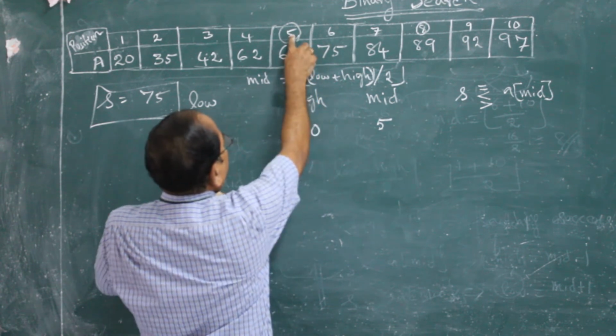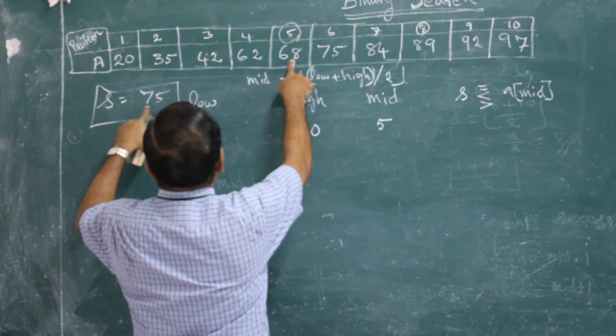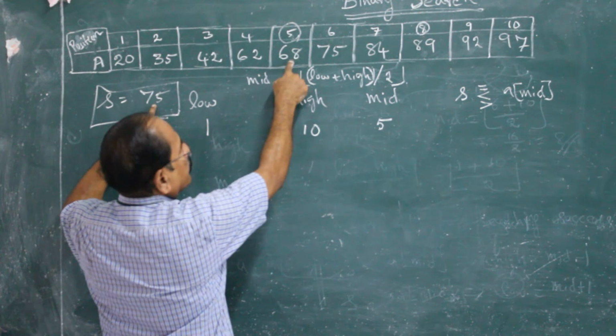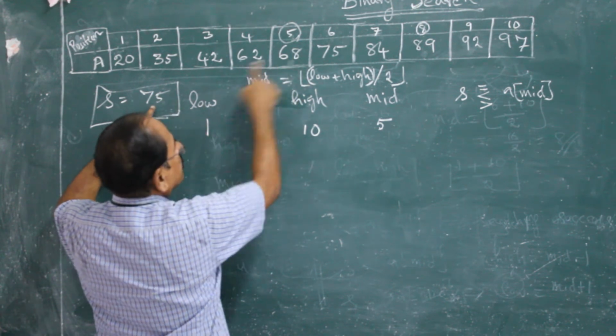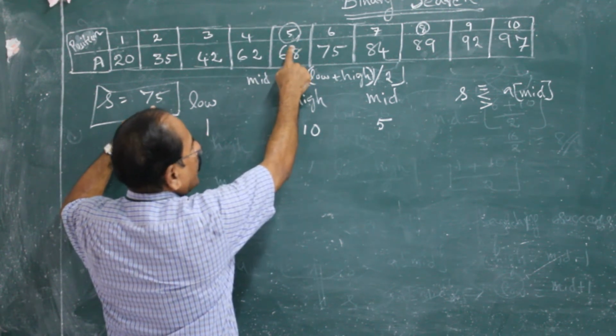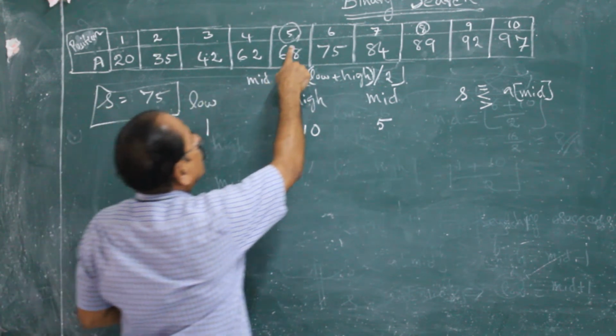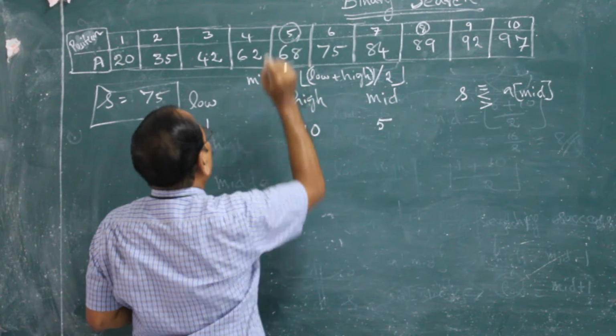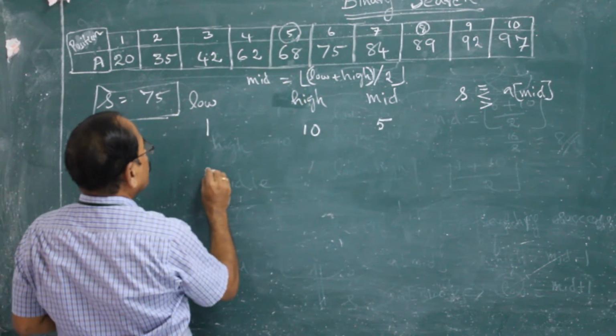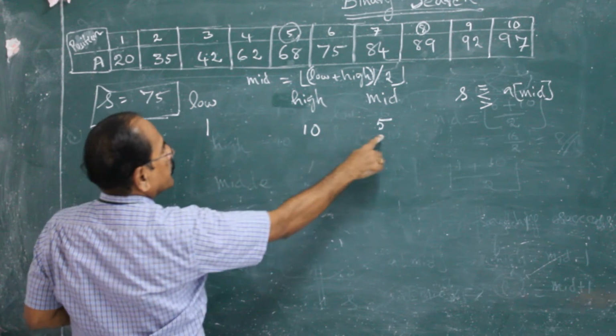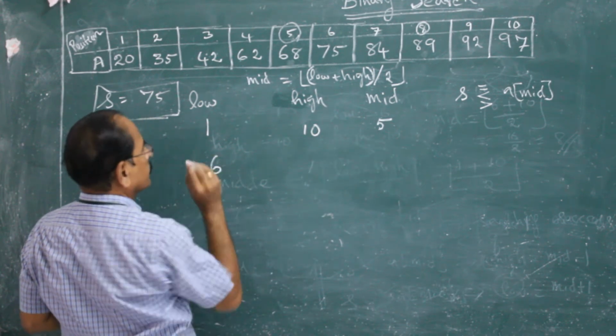Now A of 5 is 68, which is compared with 75. The searching element 75 is greater. So we already told that whenever the searching element is greater, we make changes on low. So low will become mid plus 1. Mid is 5, so this is 6.